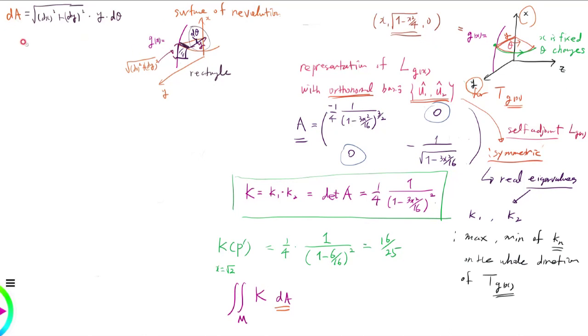And then since we know the formula for this generating curve, which is this one, so y is square root of 1 minus x squared over 4, and on this square root we can pull out the dx outside, and we have 1 plus dy over dx squared, and the y value is nothing but the square root of 1 minus x squared over 4 times d theta.